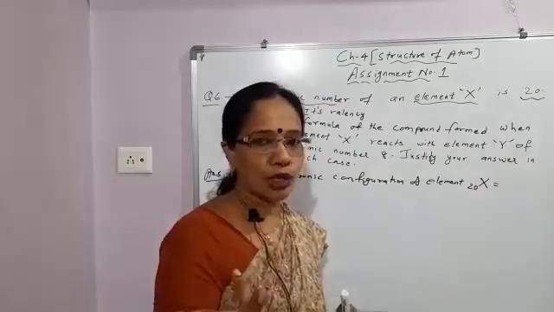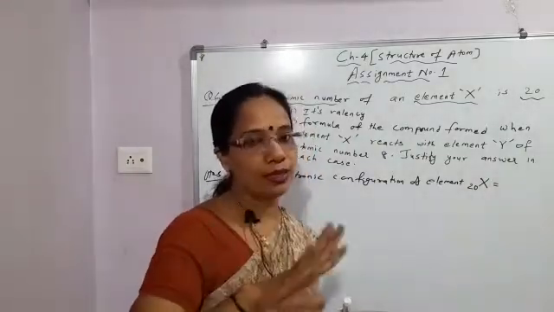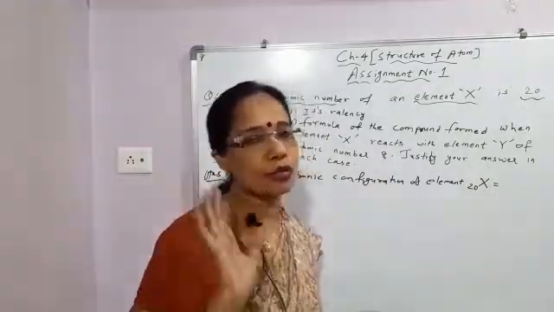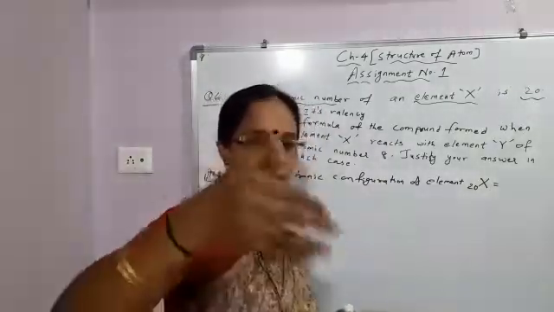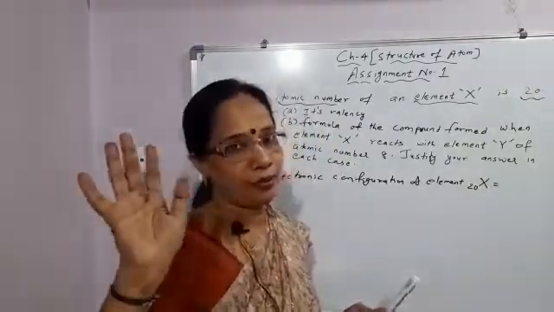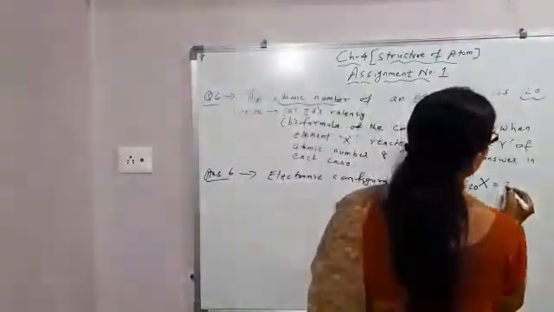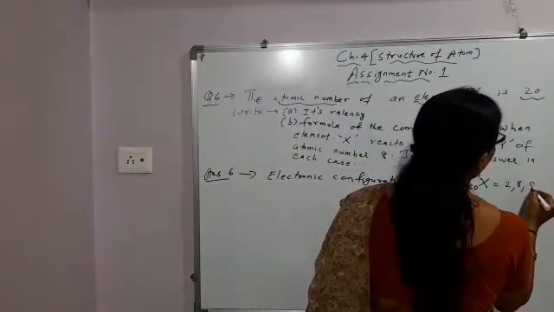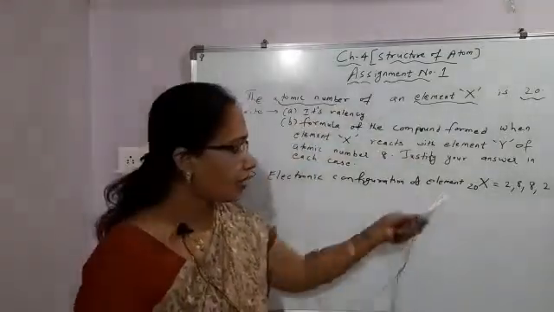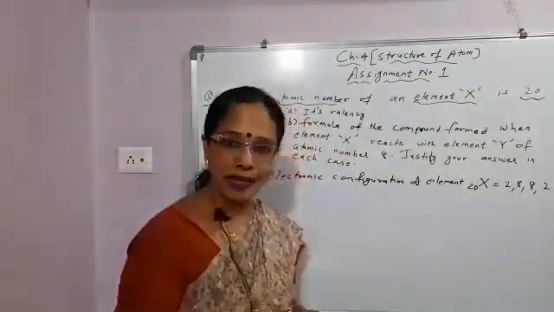So number of protons also 20. Atom is neutral. So number of protons is equal to number of electrons. So electrons also 20. That 20 electrons you will distribute in different shells. That is electronic configuration. Okay. So 20 electrons, 2, 8, 8, 2. This is electronic configuration for the element X with atomic number 20.